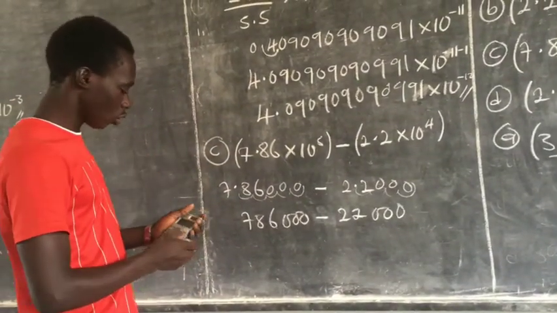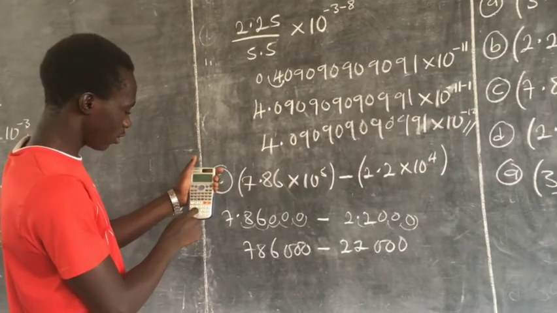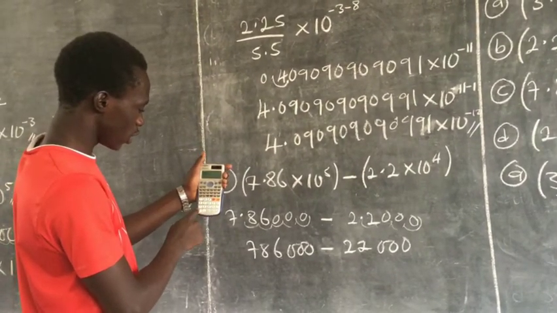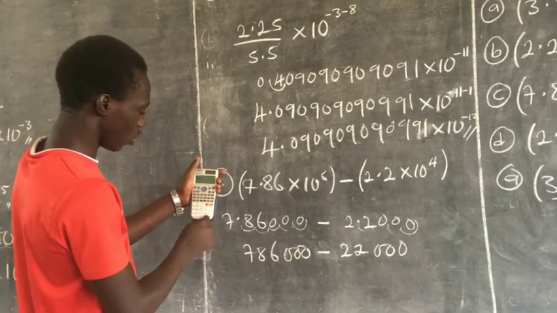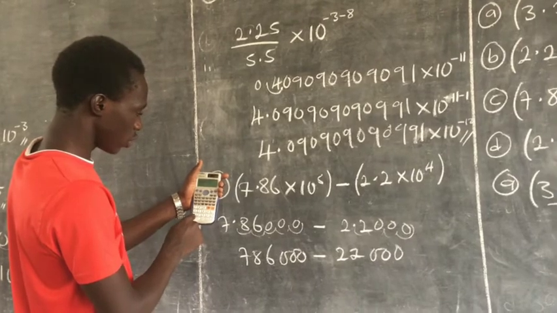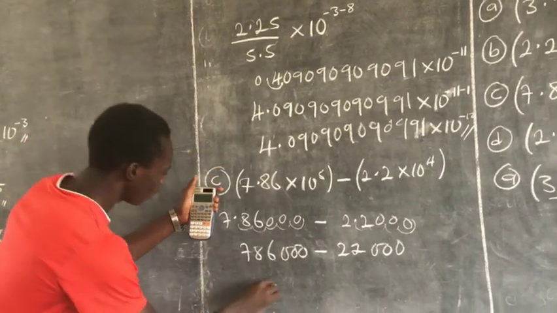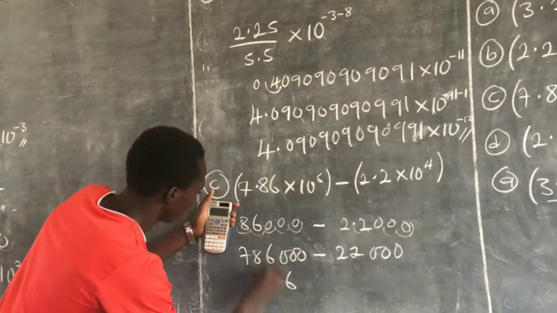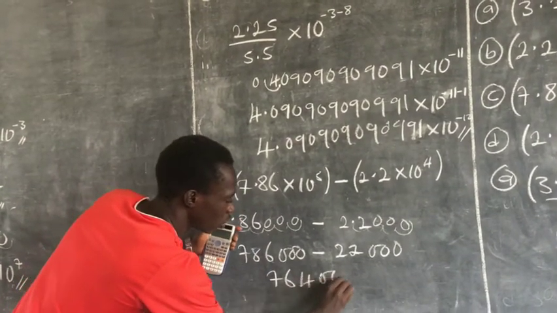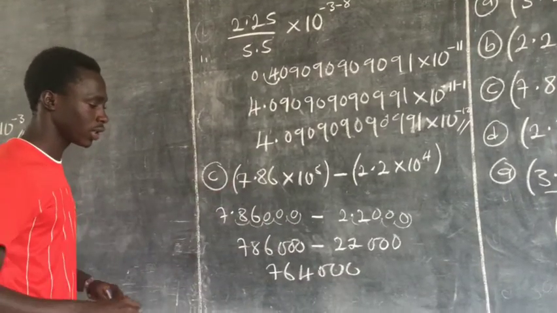So look at this. If you take the calculator, this is 786000, you have 3 zeros, minus 22000, you have 3 zeros. When you subtract them now, you have 764000. Now you take it back to standard form.